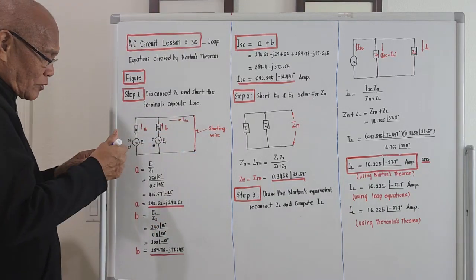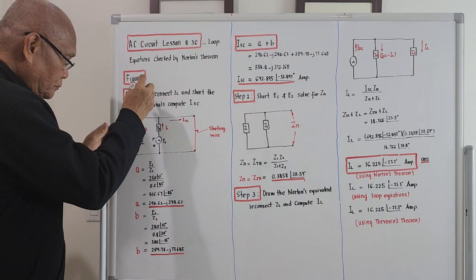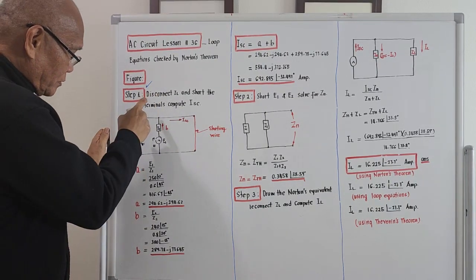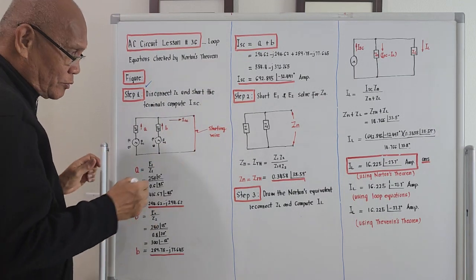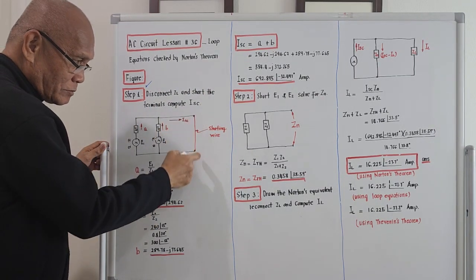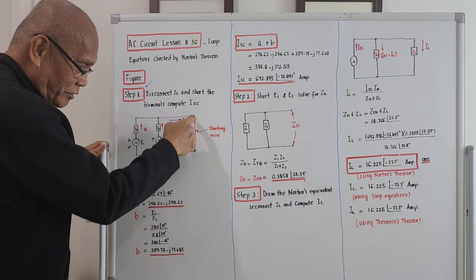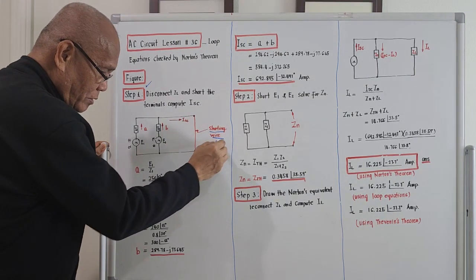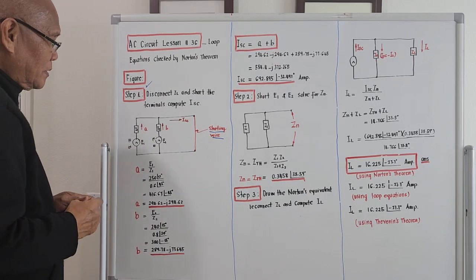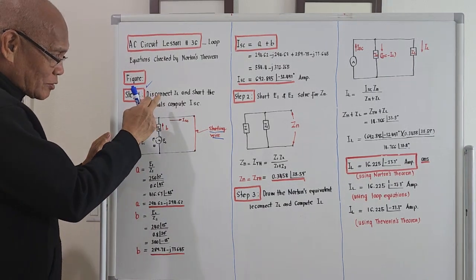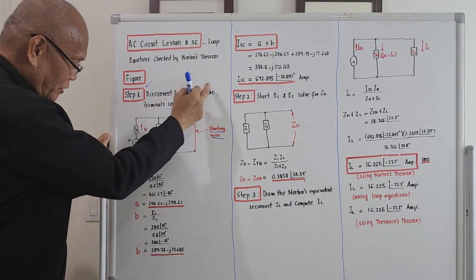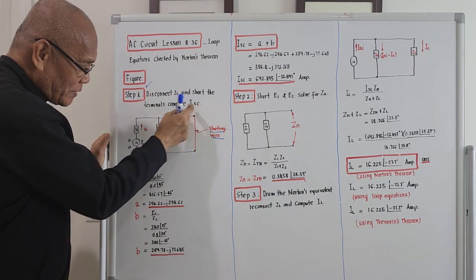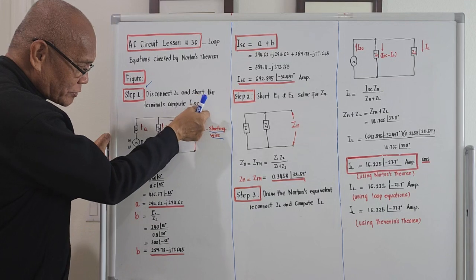For step number 1, under Norton's theorem, we disconnect the load, then we short the terminals. So this is a shorting wire. Step number 1: disconnect Z sub L and short terminals and compute for I sub SC, meaning total short circuit current.